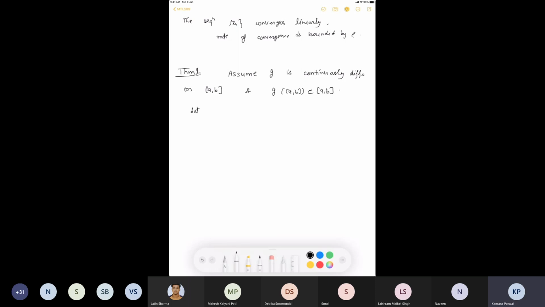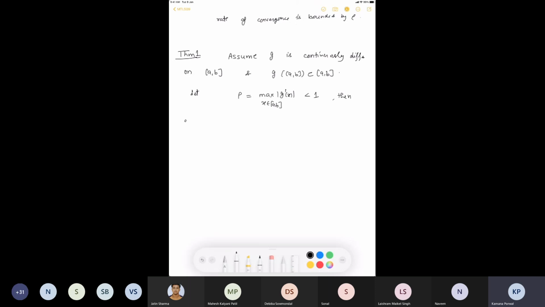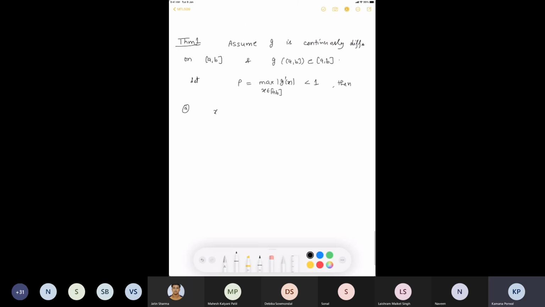Further, I'm going to take this quantity rho as the maximum of the absolute value of G prime of x over this interval AB, and we take that to be strictly less than 1. Then, the first thing is that x equal to G(x) has a unique solution in this interval AB.